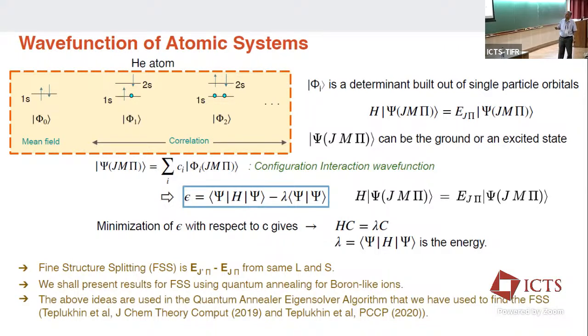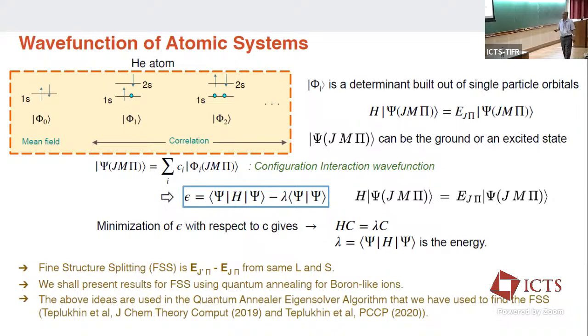You can have 1s up, 2s down, or you can have both the 1s electrons getting excited to 2s and so on. So if you have a 3-electron atom, you can have 3 electrons getting excited, 4 electrons getting excited, and so on. So therefore, the total wave function is a linear combination of all these configurations.